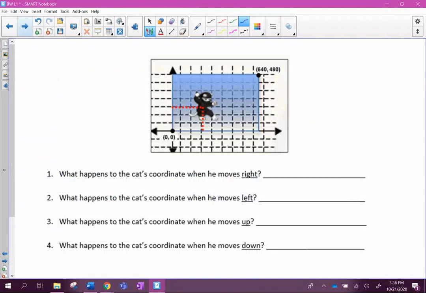So here we have a grid. And we want to think I'm always talking X, Y points when we have a grid. So number 1 says, what happens to the cat's coordinate when he moves to the right? So if I were to move the cat to the right here, its X value would increase and the Y would stay the same.